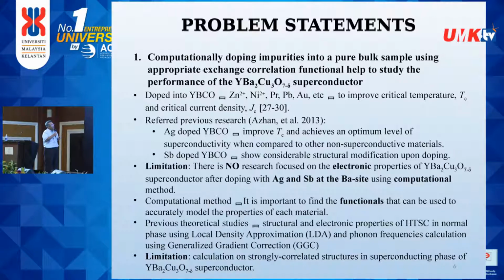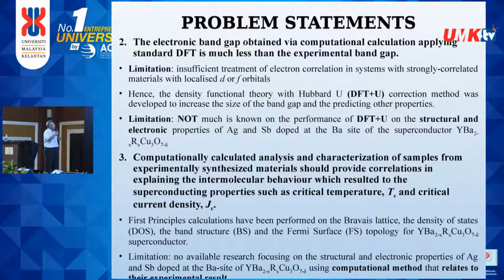The electronic band gap obtained by computational calculation applying standard DFT is much less than the experimental band gap. The limitation is insufficient treatment of electron correlation in systems with strongly correlated material with localized d or f orbitals. Hence, density functional theory with Hubbard U, with some correction method, was developed to increase the size of the band gap and predict other properties.